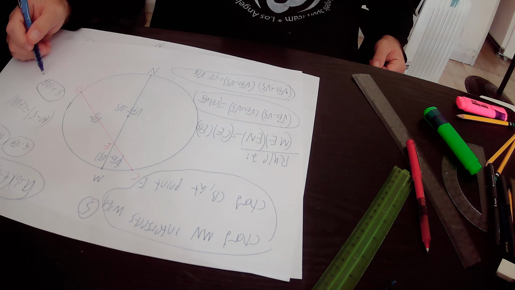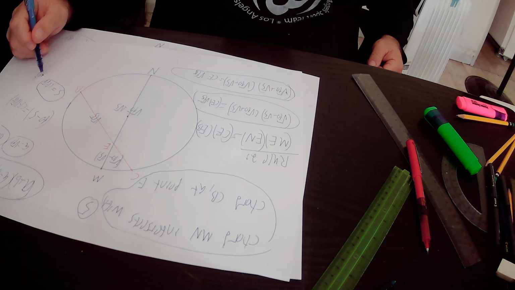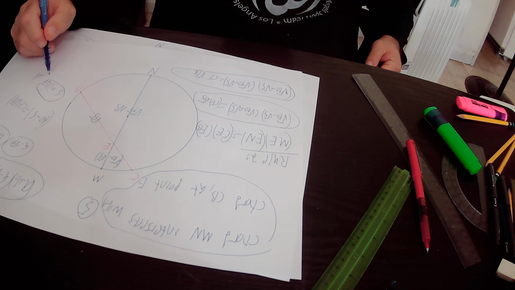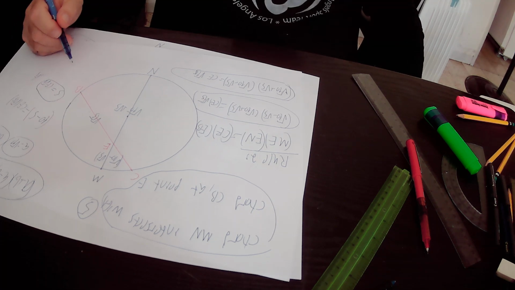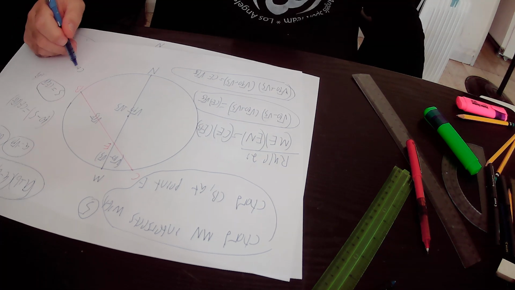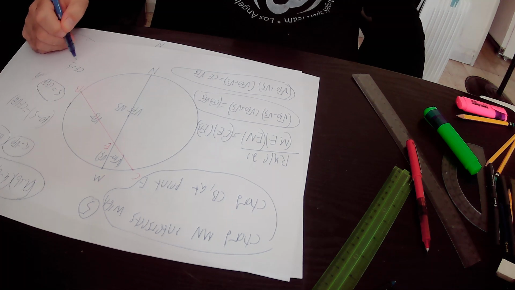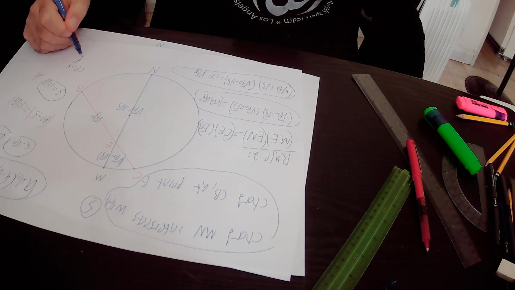We divide this equation by square root of 15. And so here CE equals 5 over square root of 15.